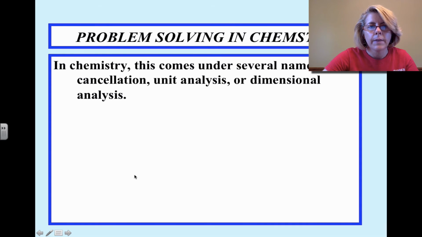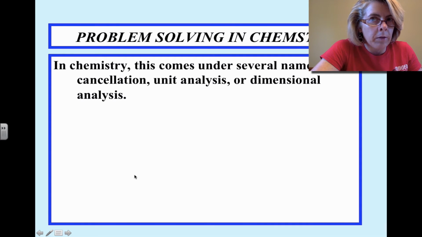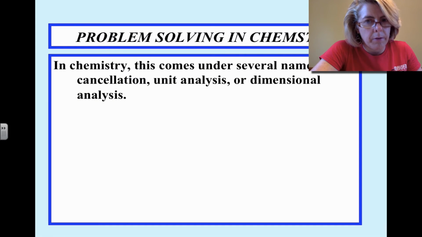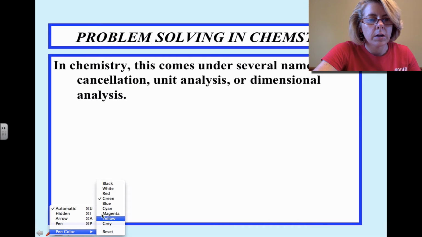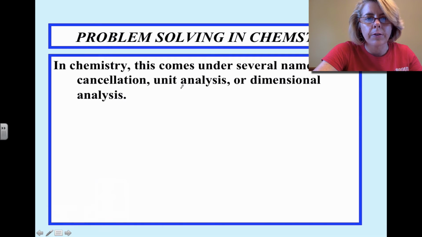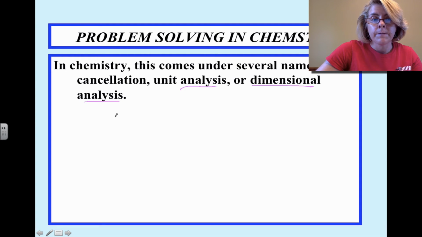Okay, here we go. Now that we have standardized units, what do we do with them? The important thing is that in chemistry, we are going to get very good at this. It's called unit analysis, or more familiar to me, dimensional analysis. Now, you've done this in the past, but you didn't know that you were doing this.